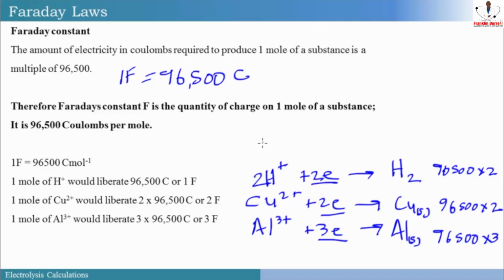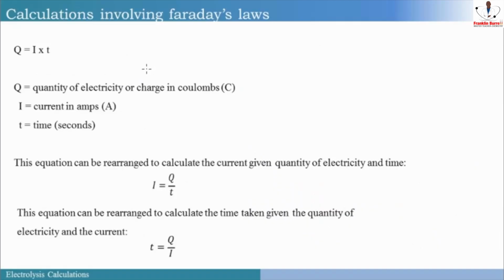Let's talk a little more about the charge. Now, according to Faraday's first law, we can work out the mass deposited at the anode or cathode, or volumes discharged at the cathode or anode, depending on the quantity of electricity used. And the formula we use is Q equal IT. Now, Q is the quantity of electricity or the charge in coulombs.